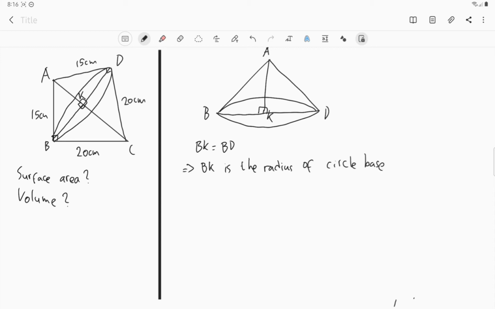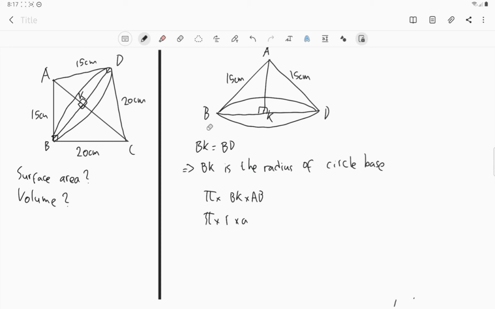What this means is that we have to find BK first before doing anything further, because the formula for finding the net of a cone is pi times BK times AB, or pi times r times a. But here BK is the r and AB is the a. So we still don't know BK. We have to find it first. So how to find it?